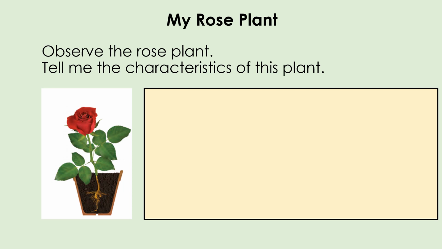This plant has leaf with netted veins. And how about the stem? Then you can write, the stem of the plant is woody. And how about the root? The type of root is taproot.